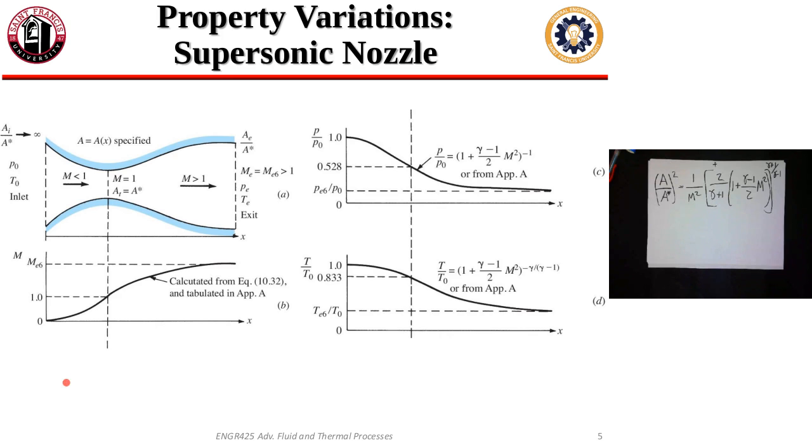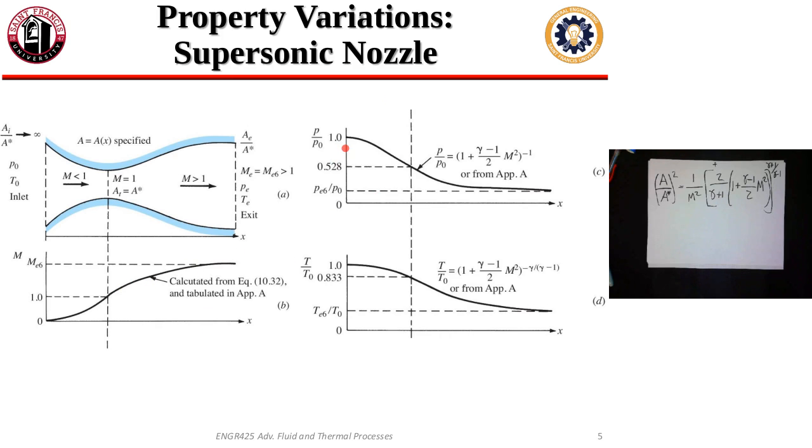So you start subsonic, you increase to the throat, which is at the sonic condition, which is where the nozzle immediately begins to diverge, so it accelerates, and you get this sort of a trend.